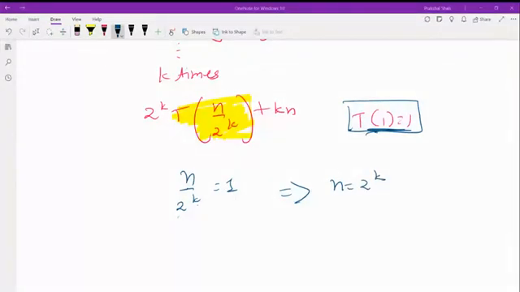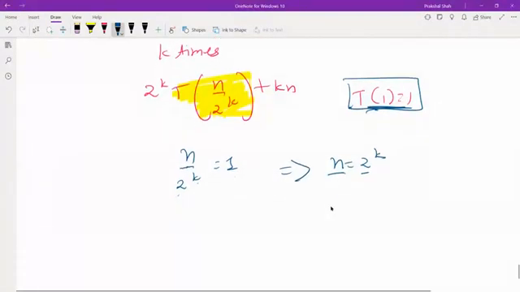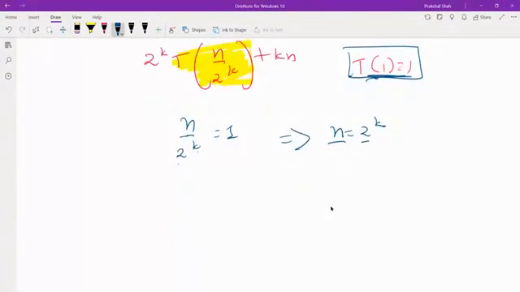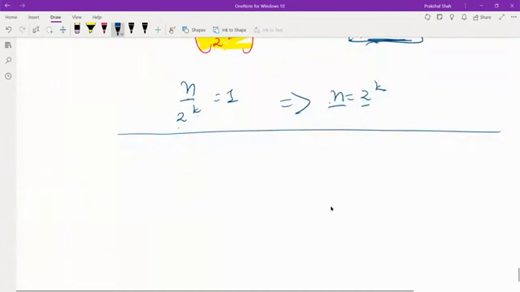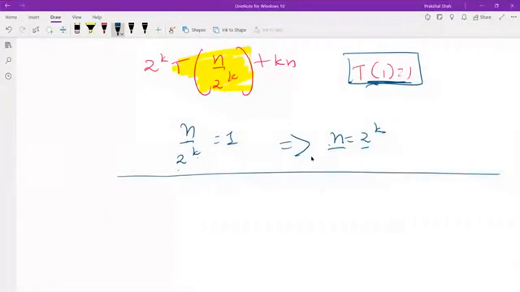So if n = 2^k, now apply log on both sides. If you are following me, in my previous solution also you will get the answer till this point. After this point, it will require some mathematical knowledge. I'll apply logarithm on both sides: log n = log 2^k.